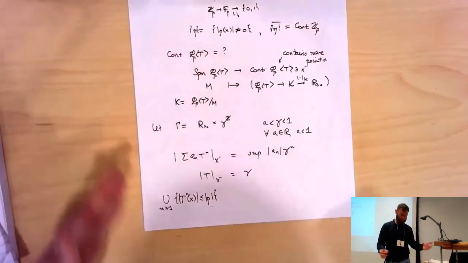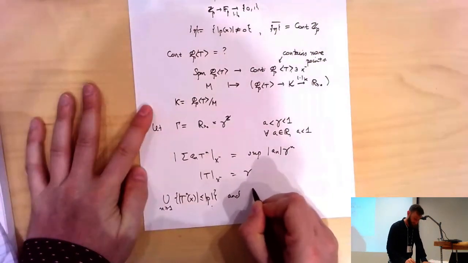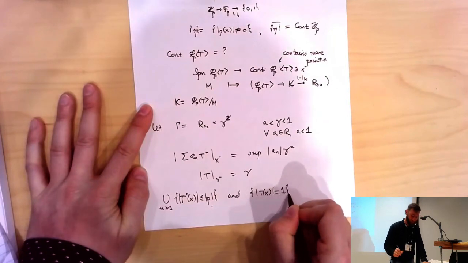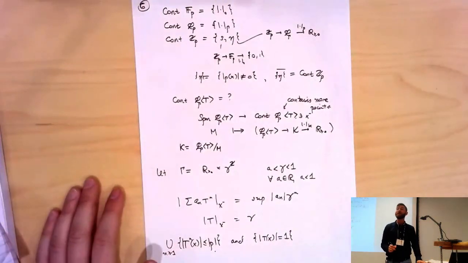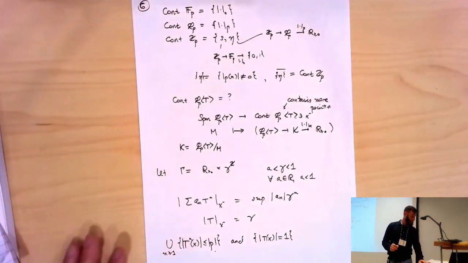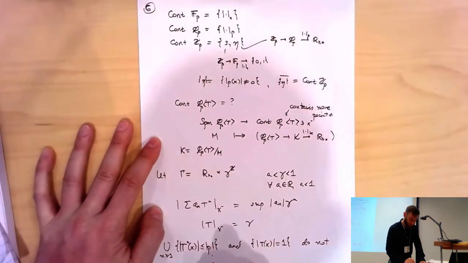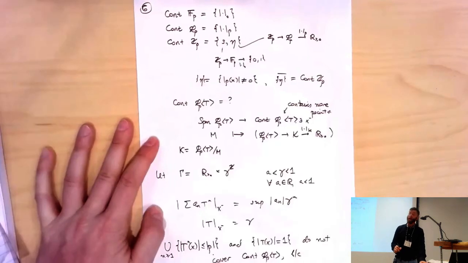And so you might think that this, together with this outer circle, which is also an open subset of the same form if you think hard enough, these do not cover Cont of Q_p angle brackets t, because neither contains x minus.